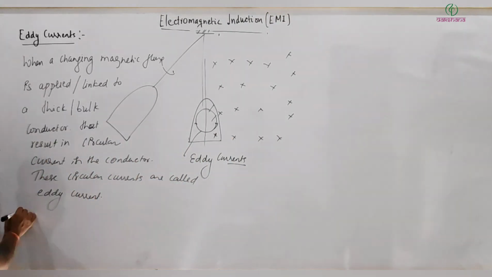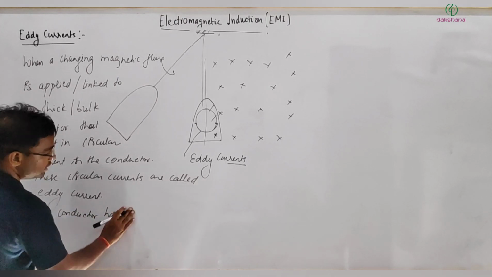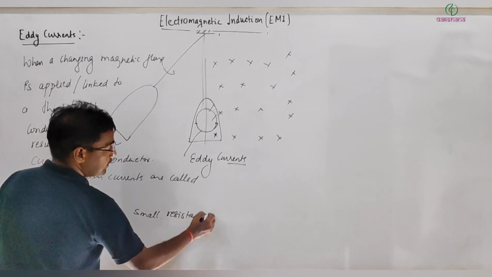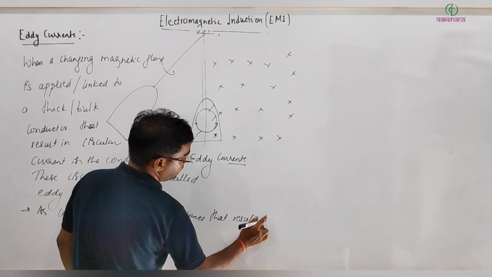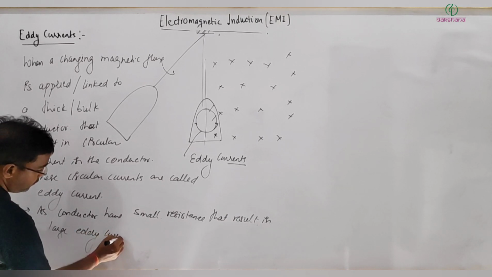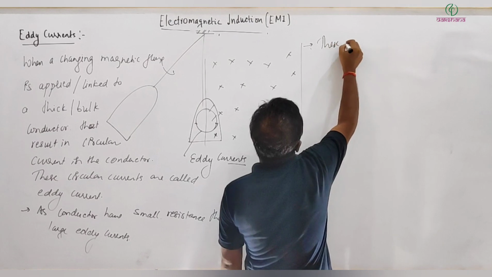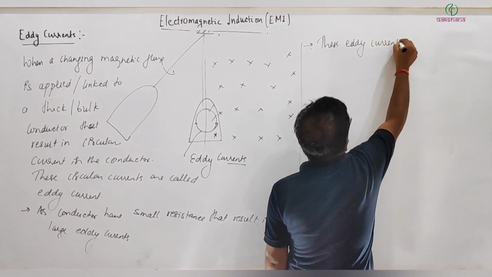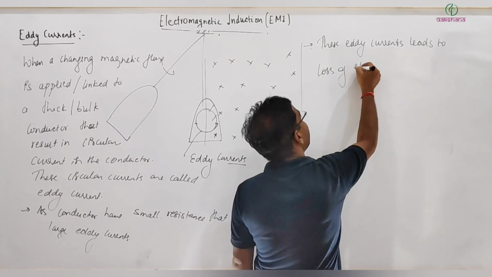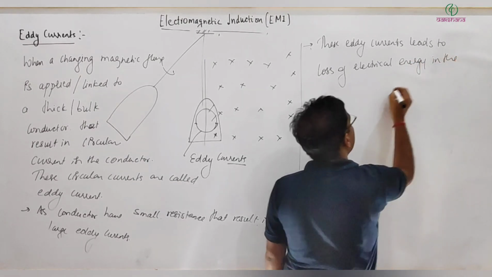So here you can see, as the conductor has small resistance, that results in large eddy currents, and these eddy currents lead to loss of electrical energy in the form of heat.